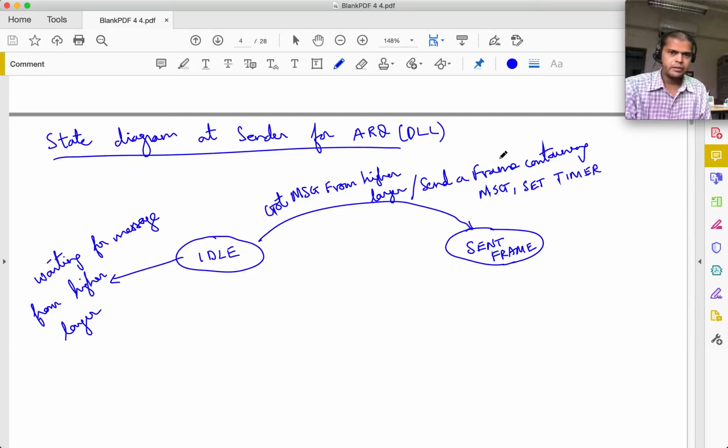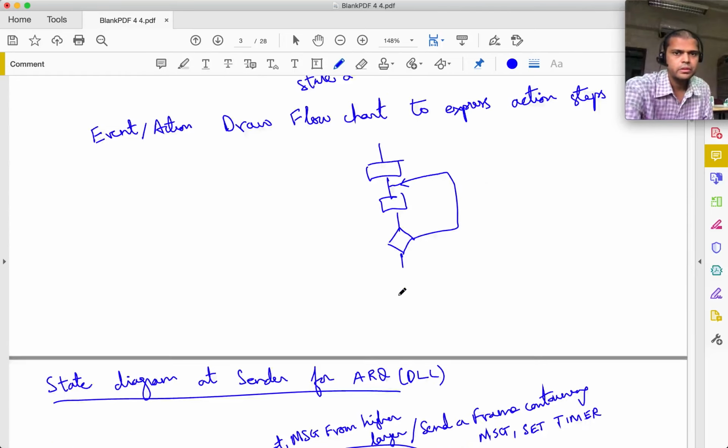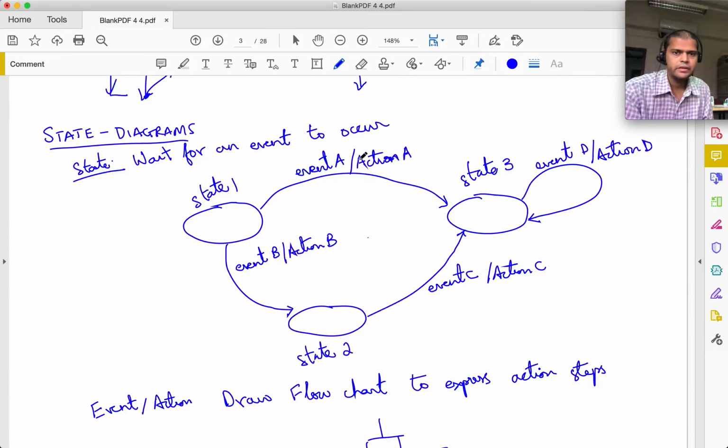Now what can happen? Let's say that we got an acknowledgement for the frame. So what do we do? That is the event that occurred. So we are going to write it in this particular notation where we have event slash action.